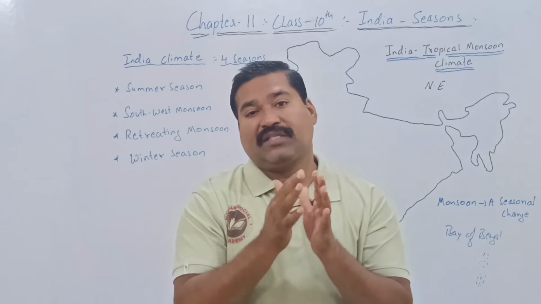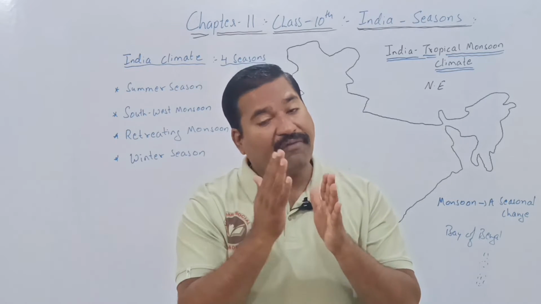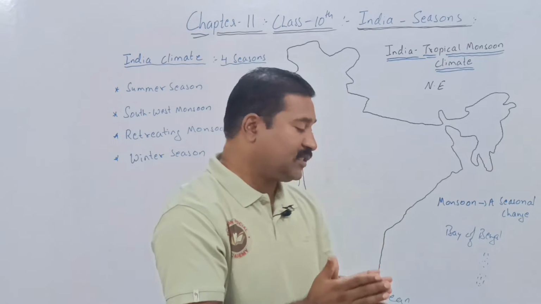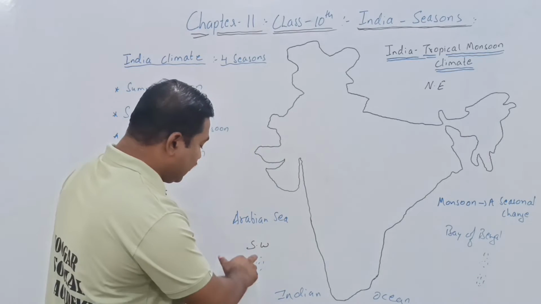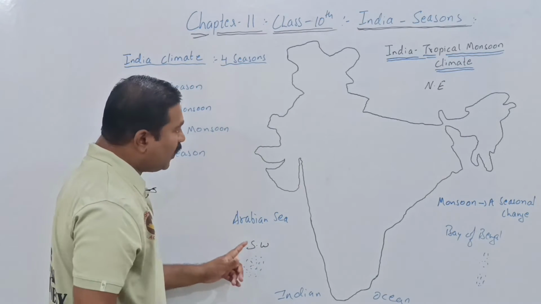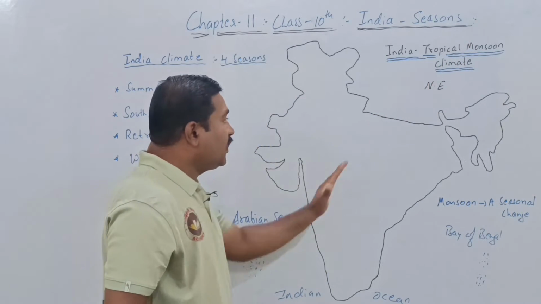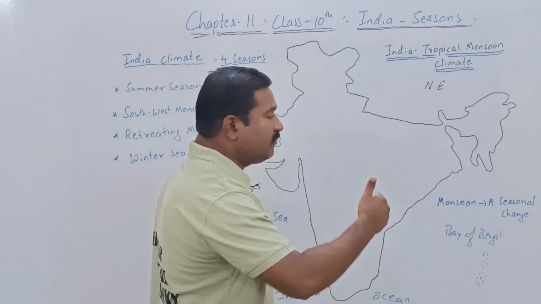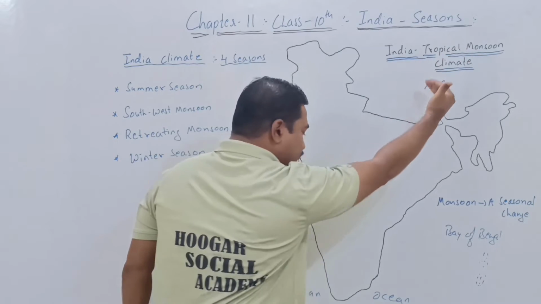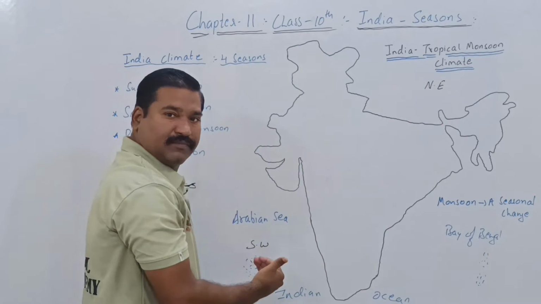In our 12 months, for half of the months the wind moves from the southwest towards the northeast, and for half of the months it moves from the northeast towards the southwest.